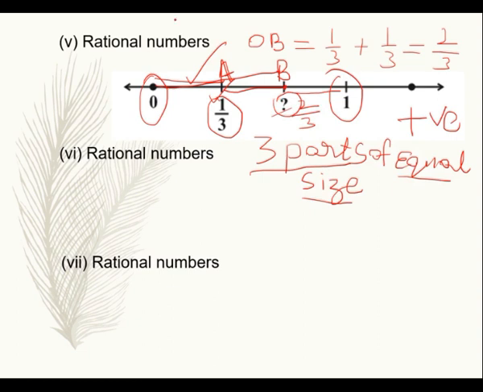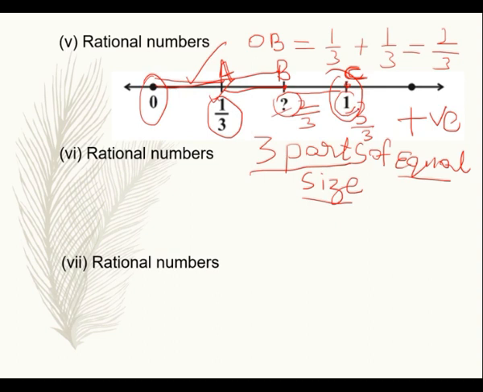Children, now what does this one tell? Let us name this number representing 1 as C. What is the distance from 0 to C? It is 1/3 added to 1/3, added again to 1/3, which is 3/3. 3 by 3 means it is 1 only. That's how the distance from 0 to C is 1.